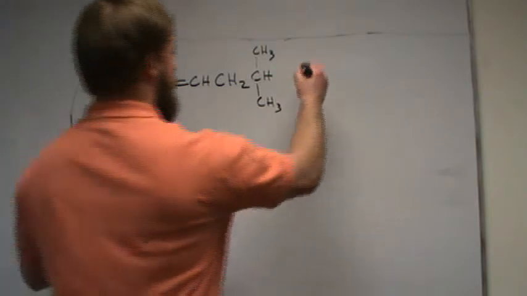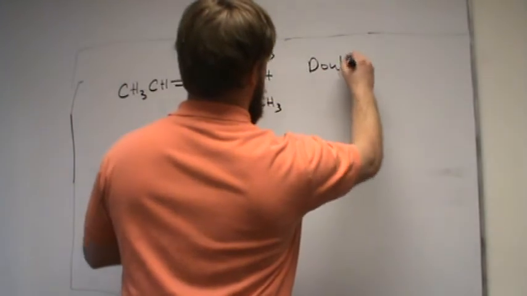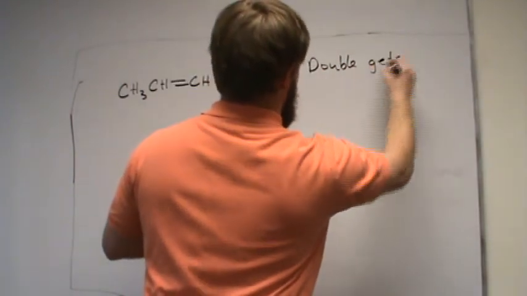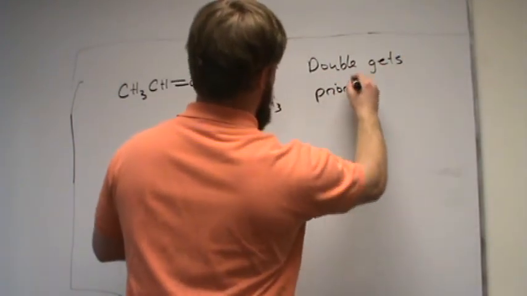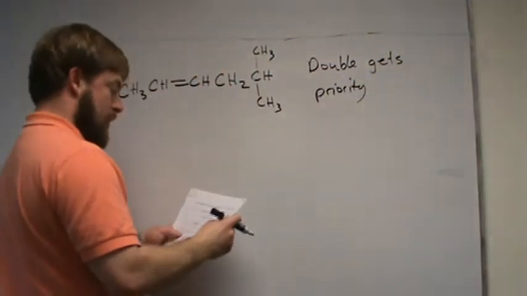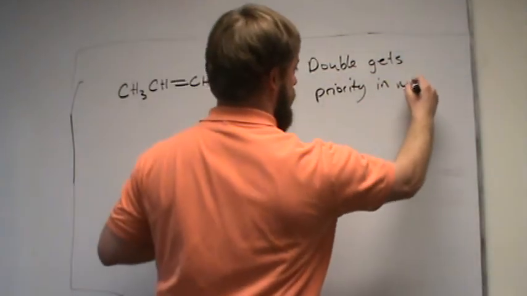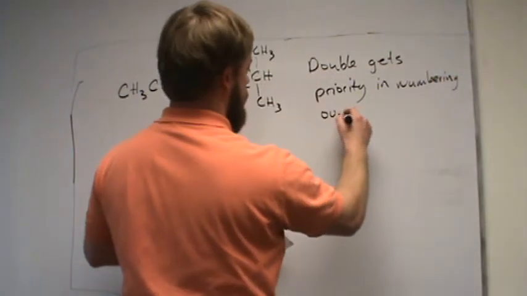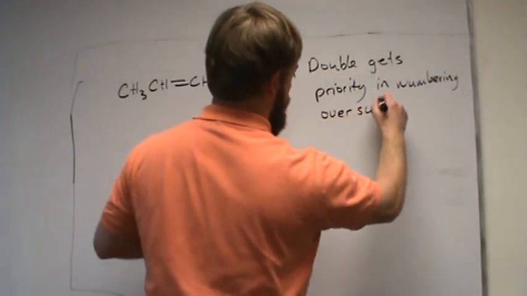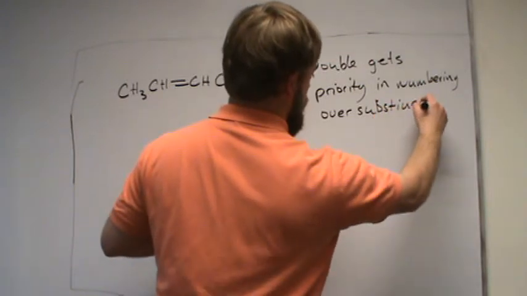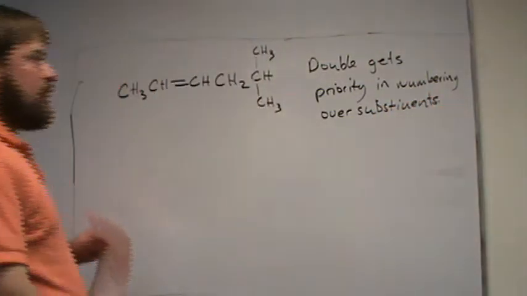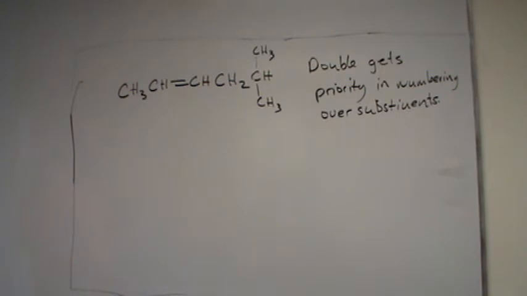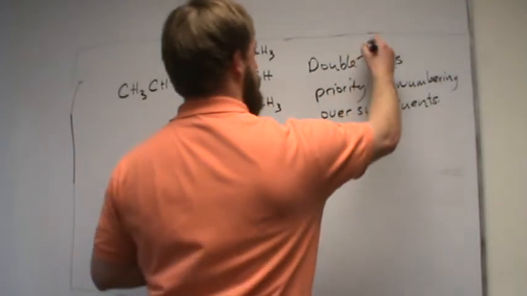Okay? So the double bond gets priority in numbering over substituents.